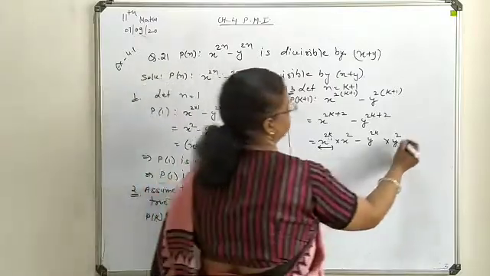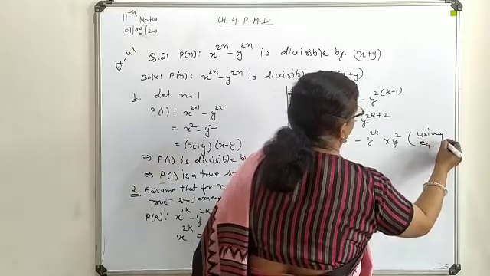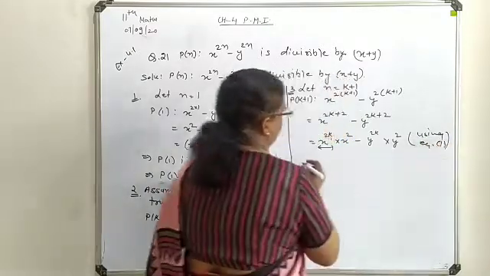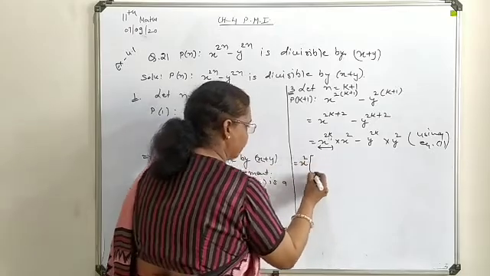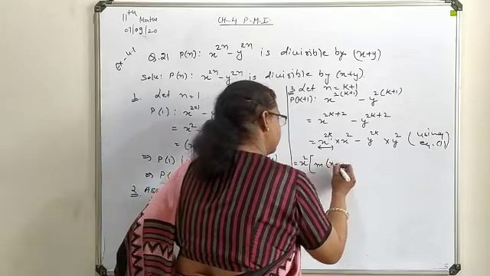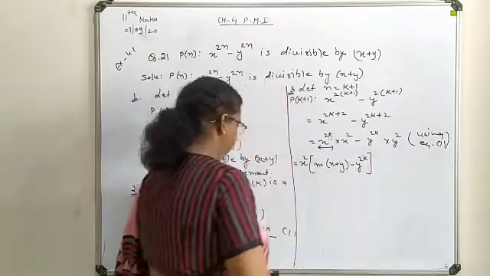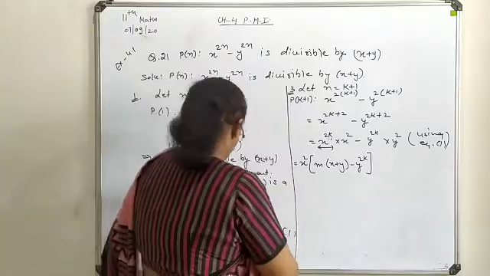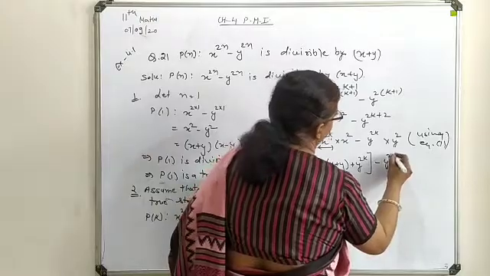So here using equation 1, what we will have: this x square we will keep at the first position. Inside the bracket this much you will have, plus here minus y power 2k.